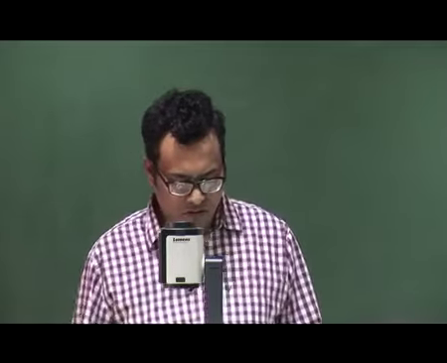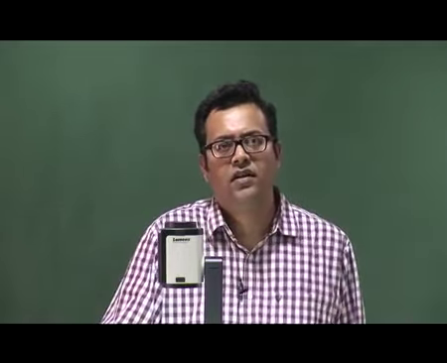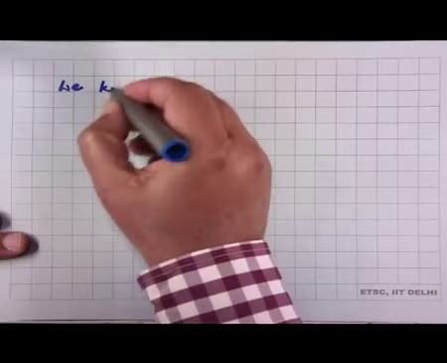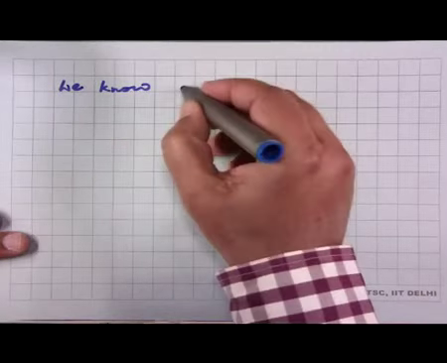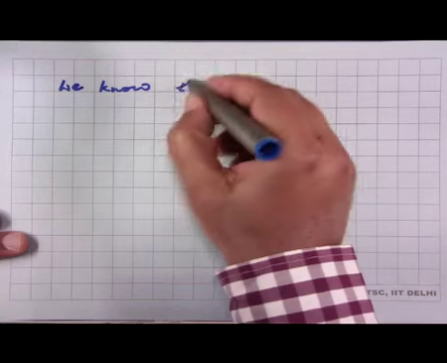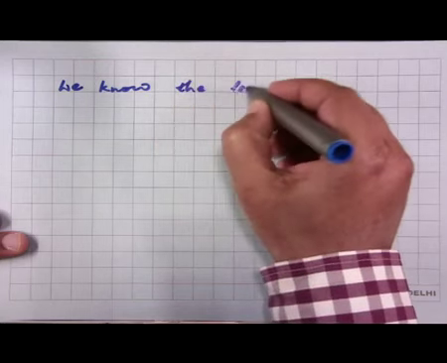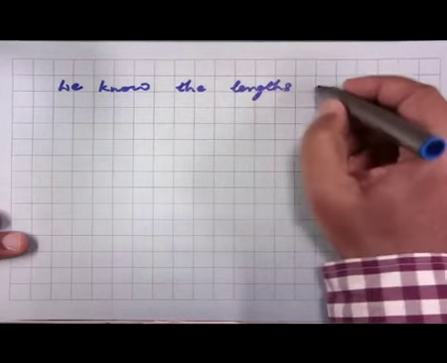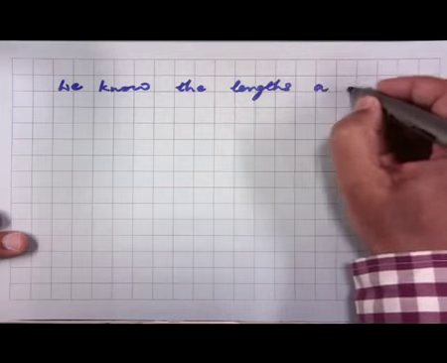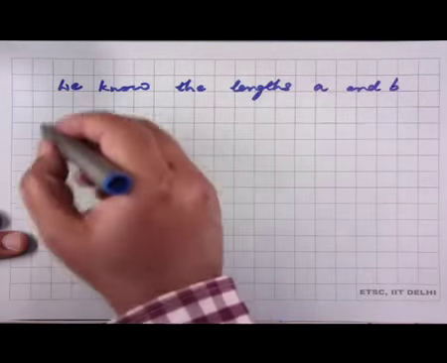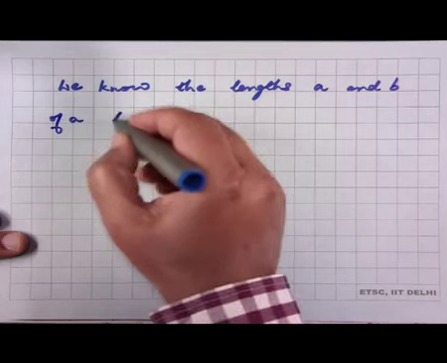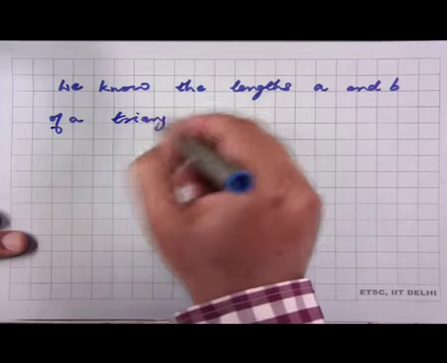However, what would happen if we give less information? So, let us say that we know the lengths A and B of a triangle ABC.